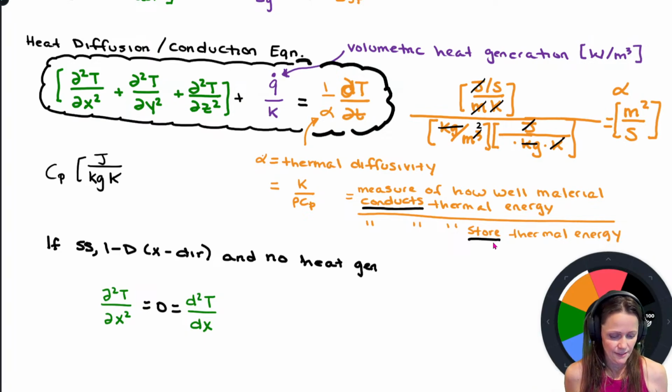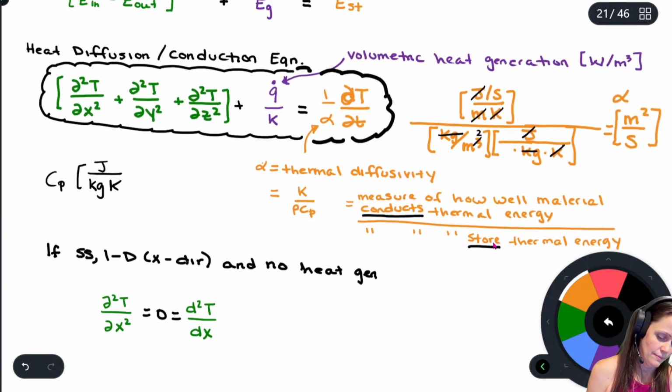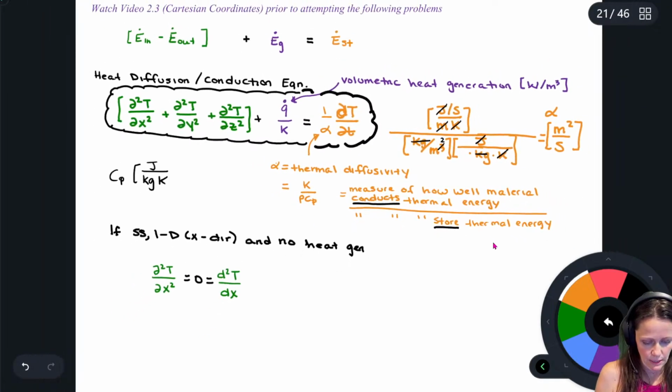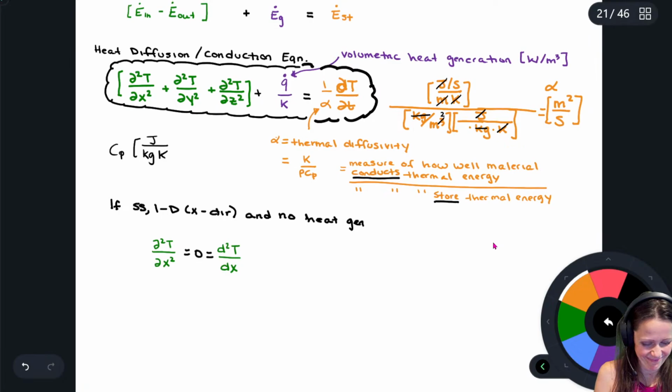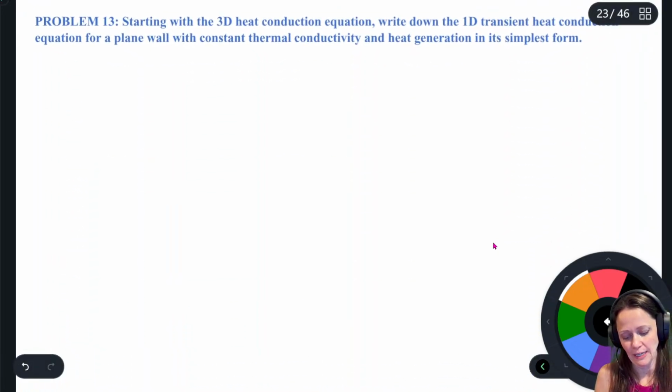All right. Should we do one more problem? Let's do one more problem, and then I'll open it up to questions. The problem will be pretty short, so don't worry about that. So problem 13.